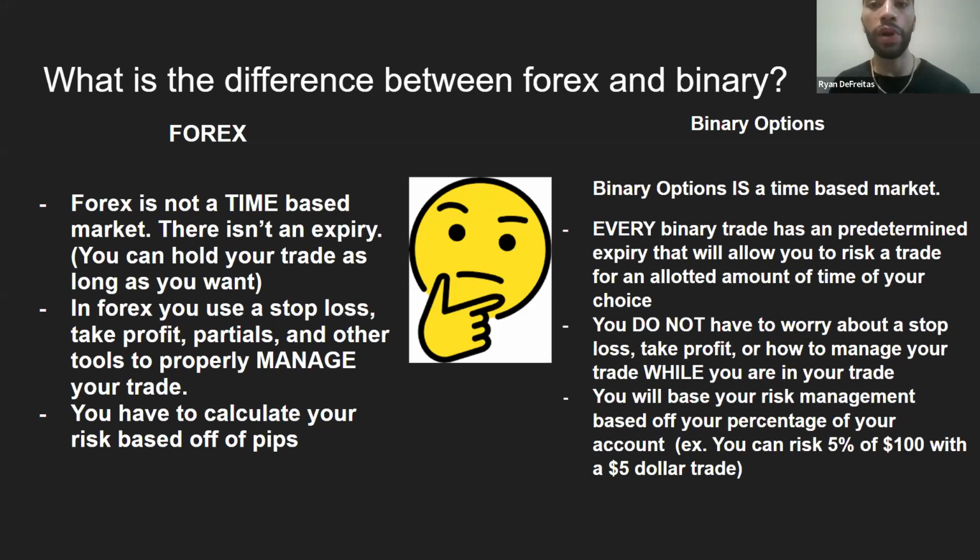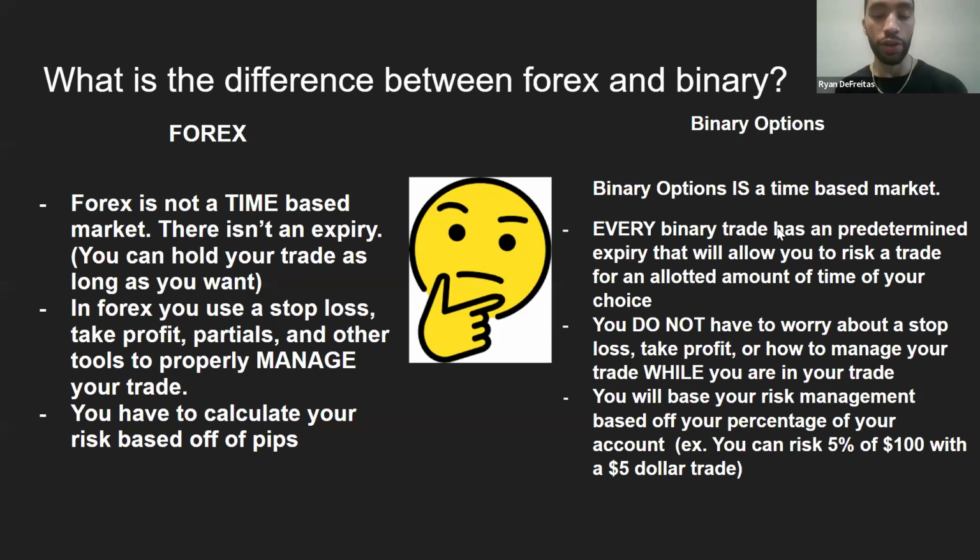No one's stopping you. But in binary options, you have a set expiry, a set time when it's going to close. Based off of that time, whether you're below or above your strike price determines if you win or lose the trade. Every binary trade has a predetermined expiry that allows you to risk a trade for an allotted amount of time of your choice.